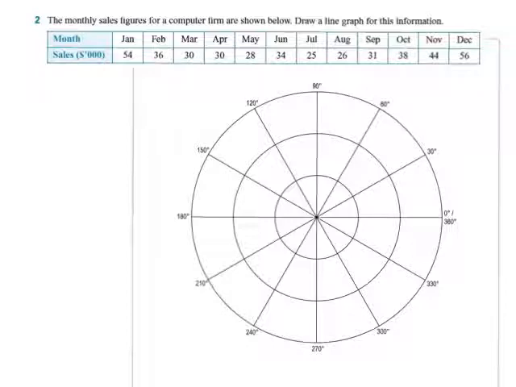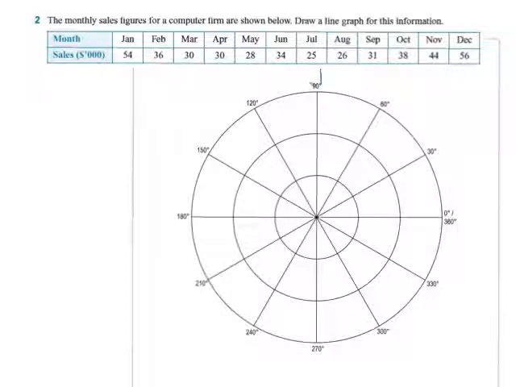This is like a line graph, except it's around a circle for cyclic things, so like months and hours in the day. We'll mark off each thing. So we have 12 months in a year. 360 divided by 12 is 30 degrees.